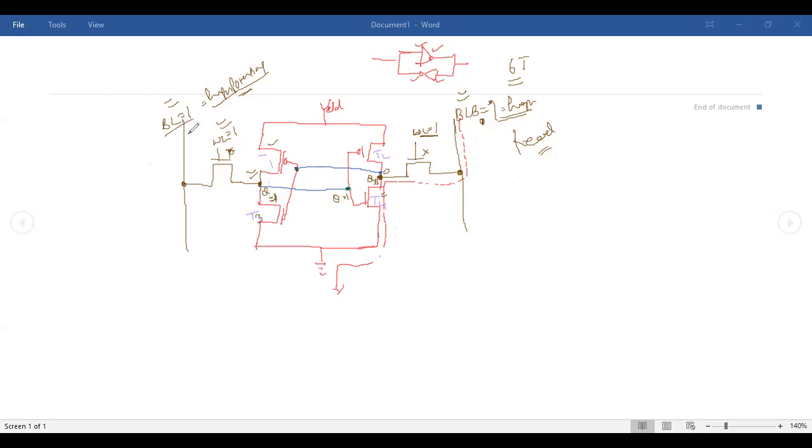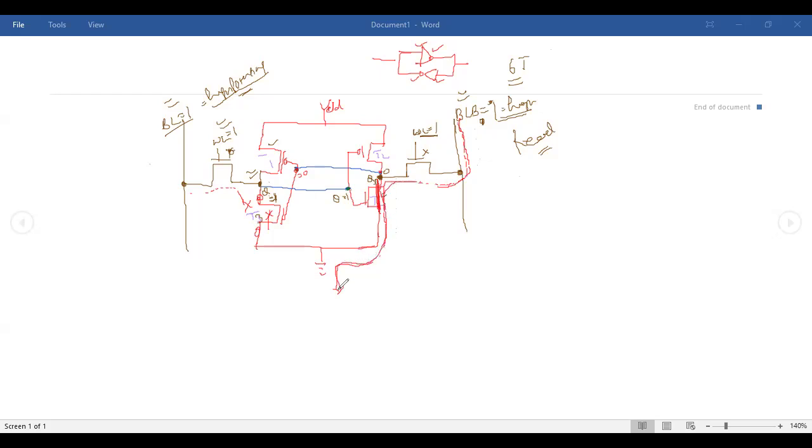When I talk about BL equal to 1, this value 0 is here, which means this transistor T3 is off. When T3 is off, your BL cannot find a path to get discharged. This is an open circuit. But when a transistor is on, it behaves like a short circuit, and your BLB will find a path like this towards the ground.